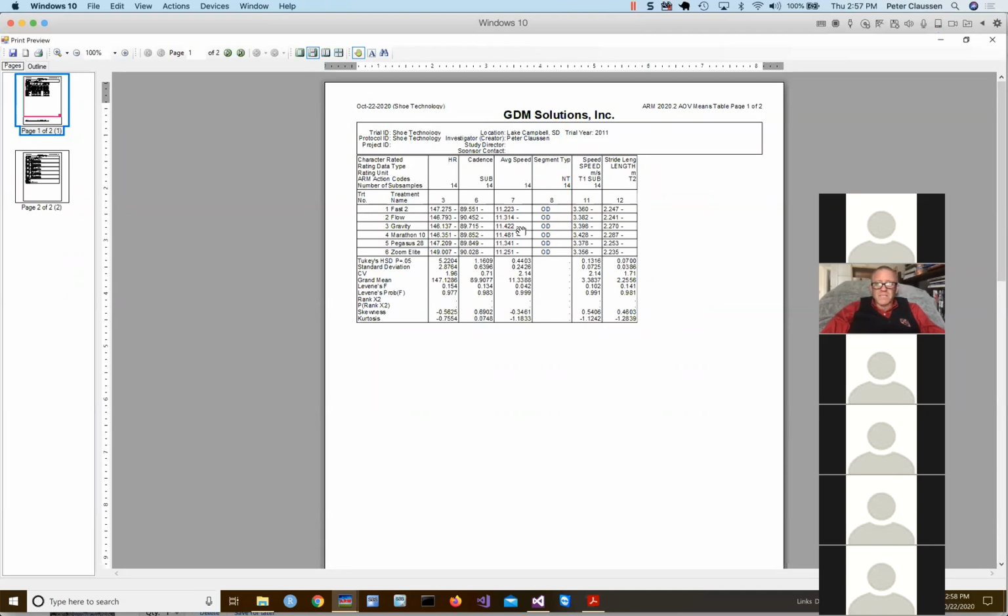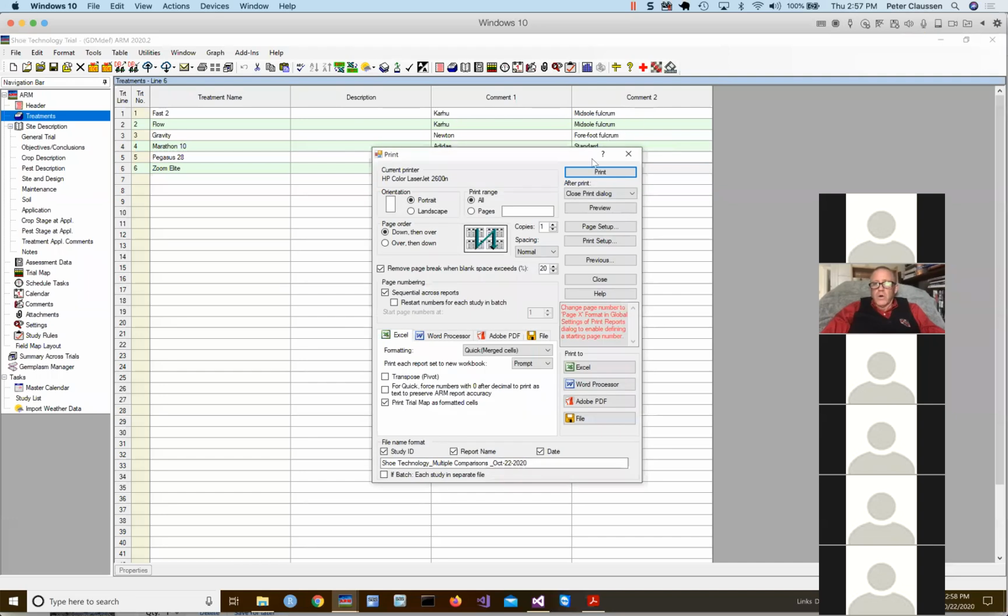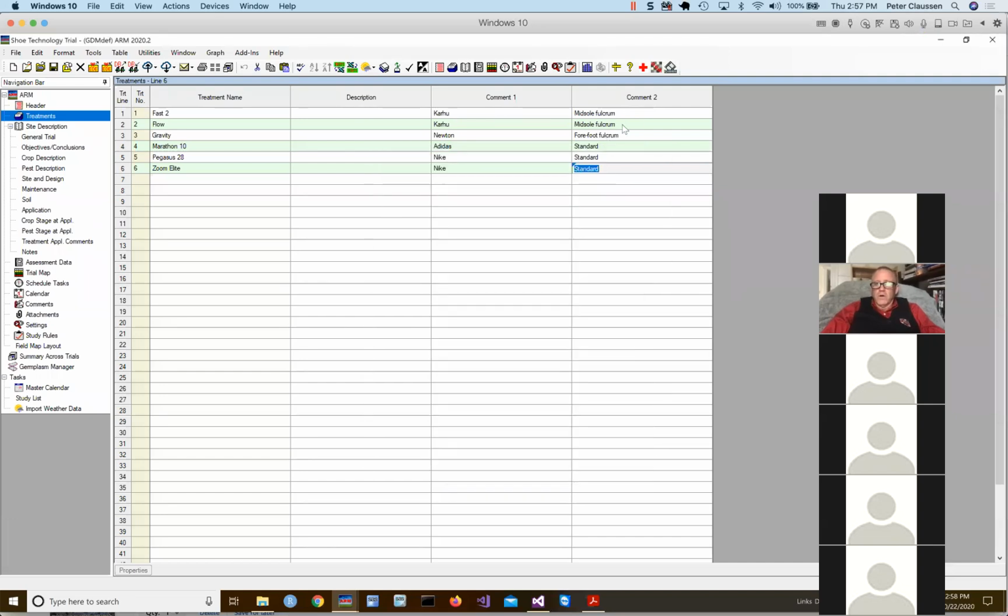And unfortunately, because I did not structure my treatments, I wanted to know if this particular shoe company, Carhu, that had this lever in the middle of the shoe, was an effective technology. But the way I set up the experiment, I really can't necessarily test the technology as opposed to testing the shoe manufacturer.